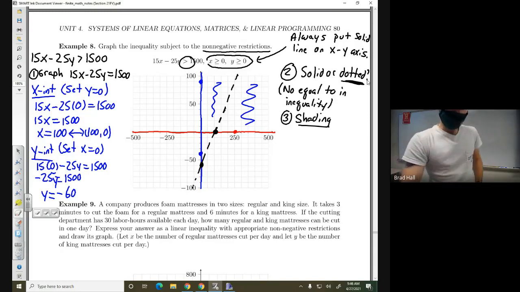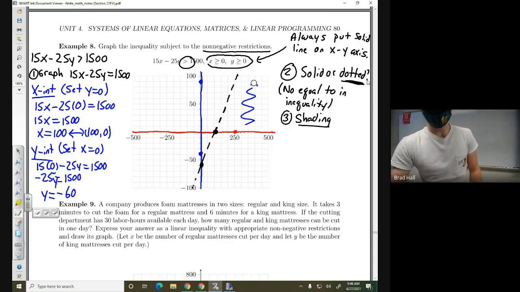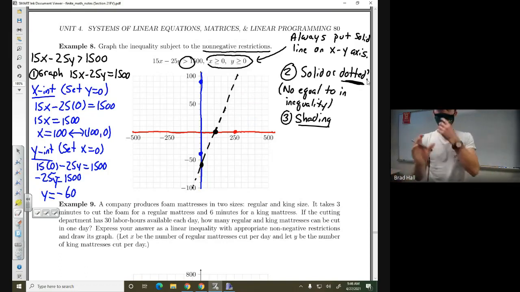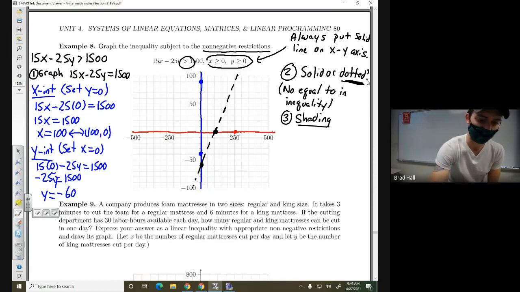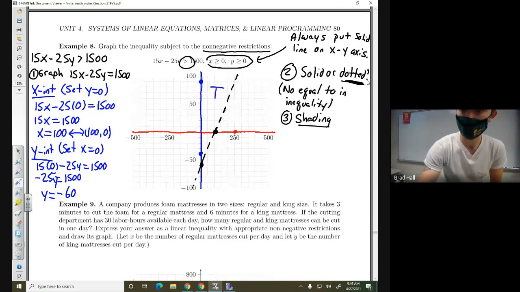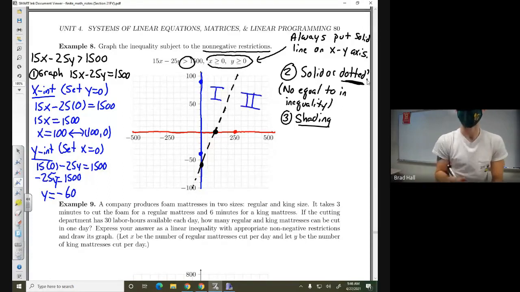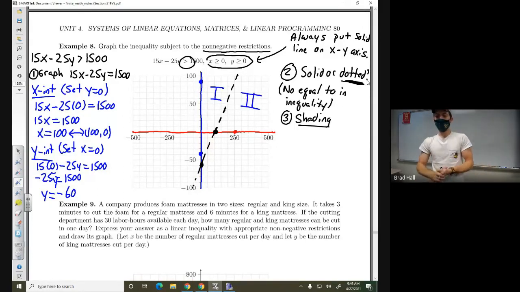So now we know we're not looking at any other region but that top right region. But there's a black line that cuts through the region. It splits up the top right into two sections. We have a section here on this side and a section here on this side. And our goal is to figure out which side do we shade.